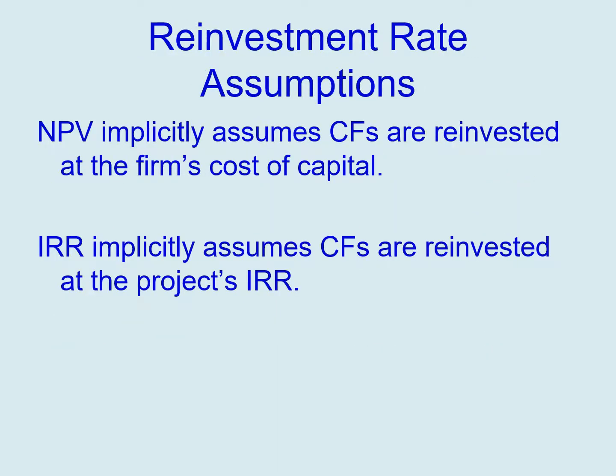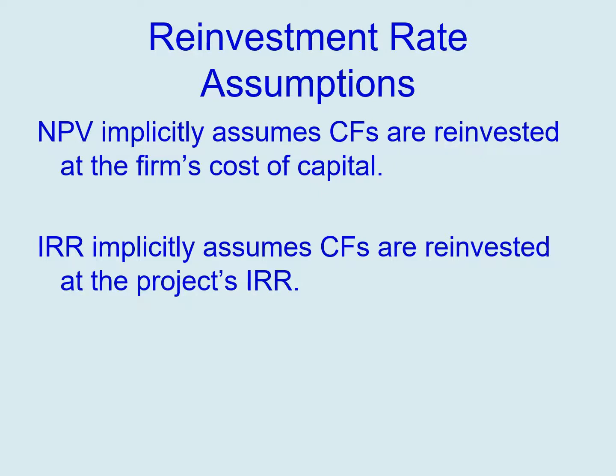The second reason we get a conflict in ranking between NPV and IRR is the reinvestment rate assumption differences. Okay, and this is really important on several levels, so I do want to talk about this. If you remember, the net present value discounts your cash inflows by the firm's cost of capital.